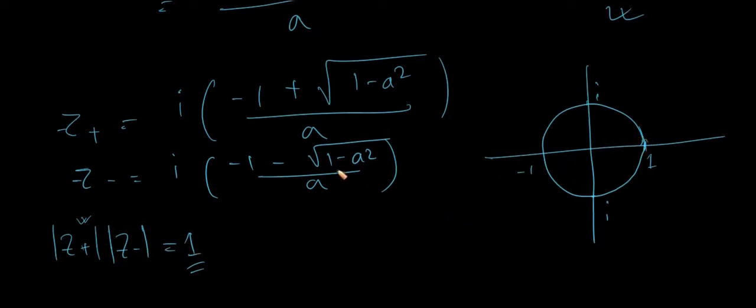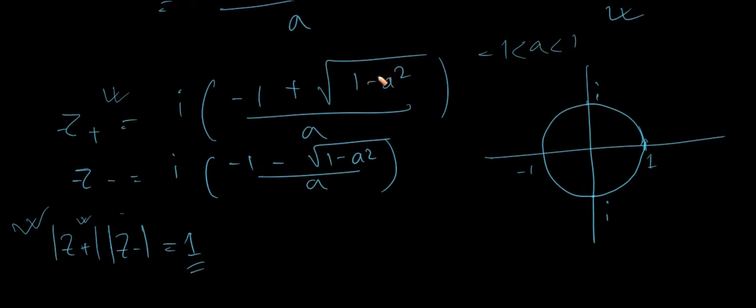Now the reason I'm showing you this is that it will help us determine which one lies inside the circle and which one lies outside the circle. So if you notice z plus over here, you will see that since a had this limitation, it was lying between minus 1 and 1, that means this 1 minus a squared is a positive quantity, right?